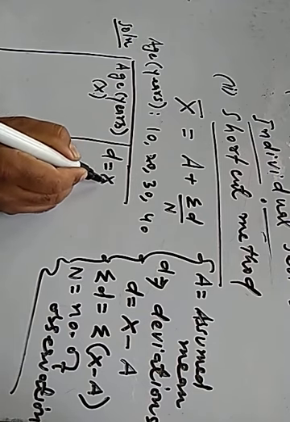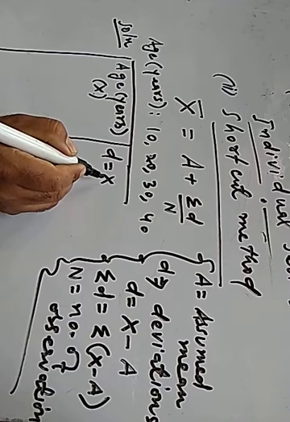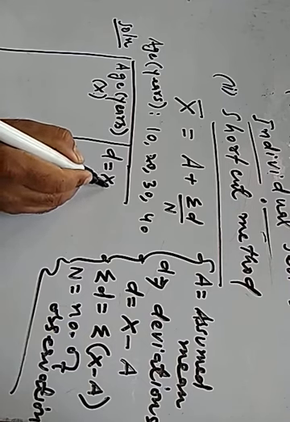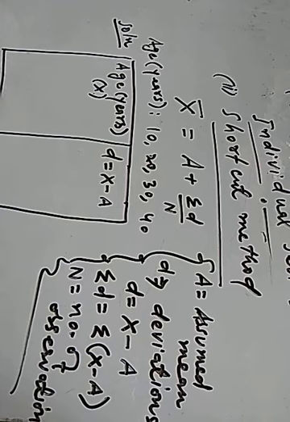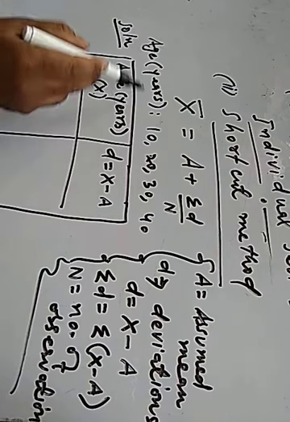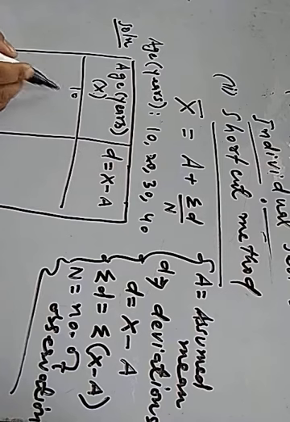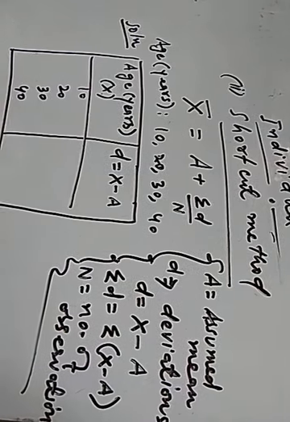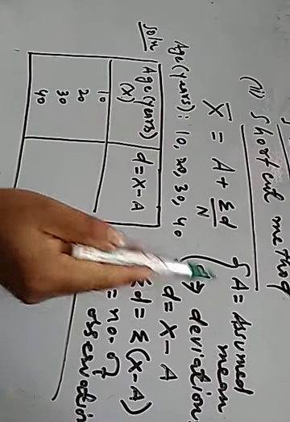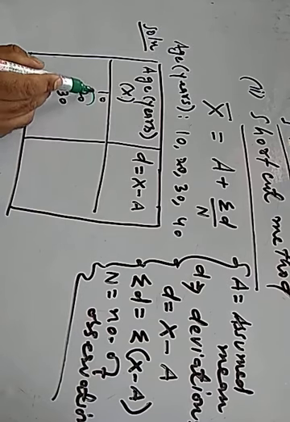It is obtained by taking the different values of variable x minus the value of the assumed mean. The values of x, that is age in years, are 10, 20, 30 and 40 years. You can take any value as assumed mean from these values or outside these values. Let us take the assumed mean A from these values, that is 20.